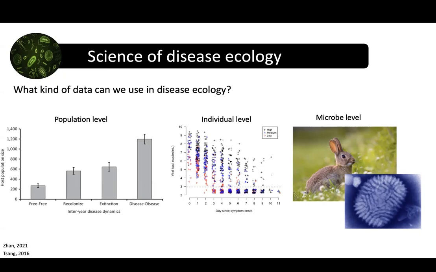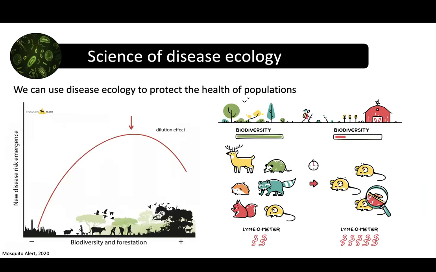So on a microbe level, we can show this interplay of interactions between the host and the pathogen as well. So looking at interactions between the host and the environment, the pathogen and the environment, and the hosts with the pathogen or microbe, we can determine the dynamics of how disease is maintained and spread within a population.